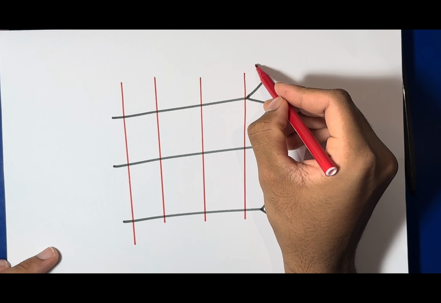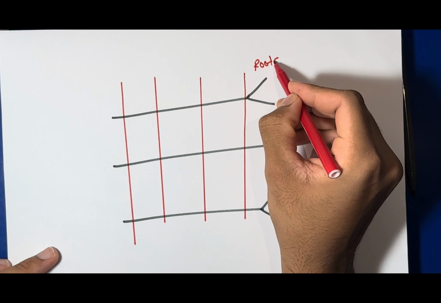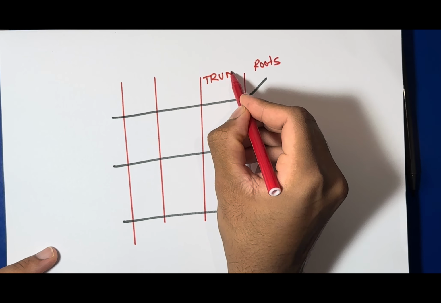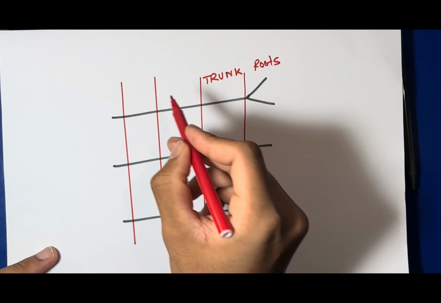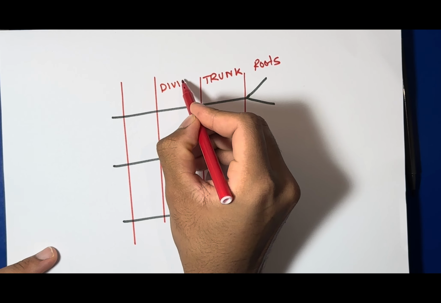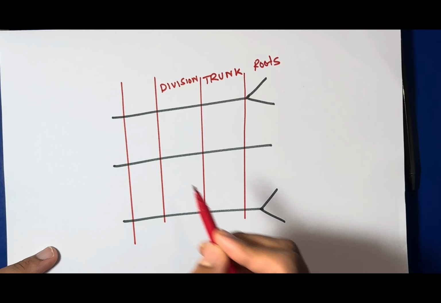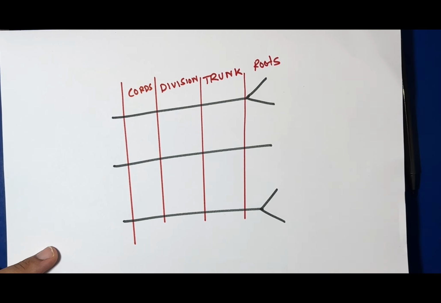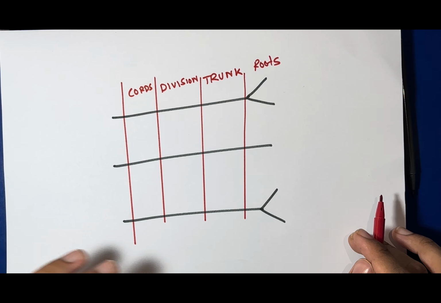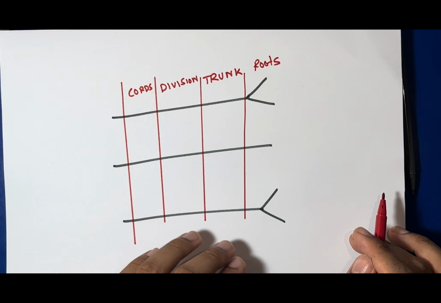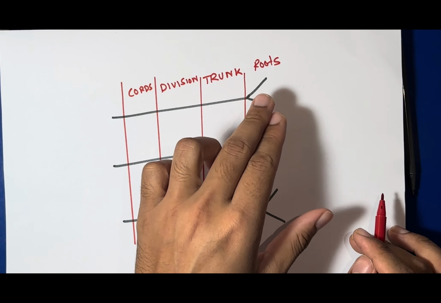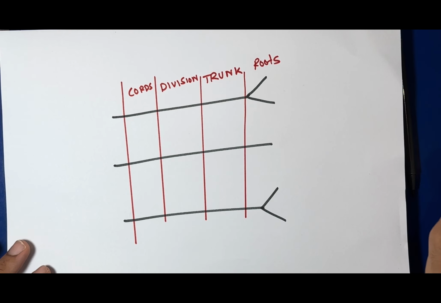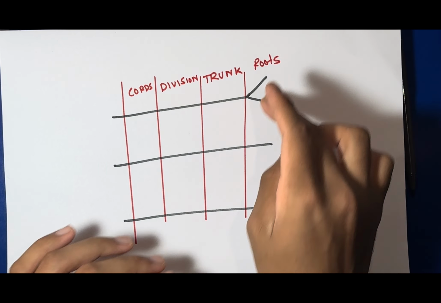This first one is roots. Second one is trunks. Third one is divisions. Fourth one is cords. So you have taken the lines, you have divided into 4 columns, and you have named it as roots, trunks, divisions, cords.